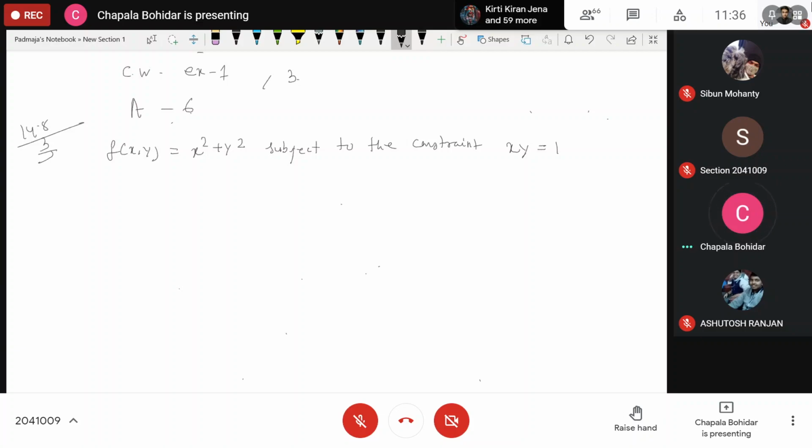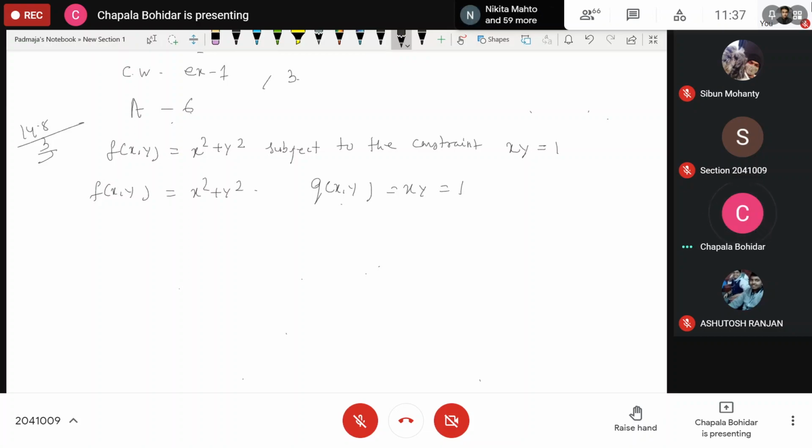So here you see f of x, y is equal to x square plus y square, g of x, y is equal to xy is equal to 1.